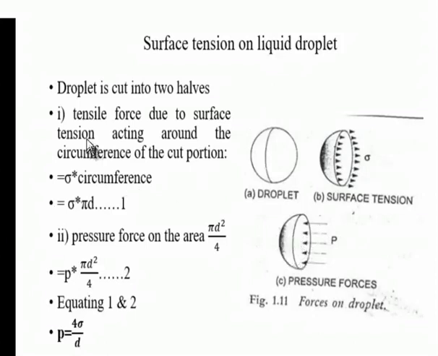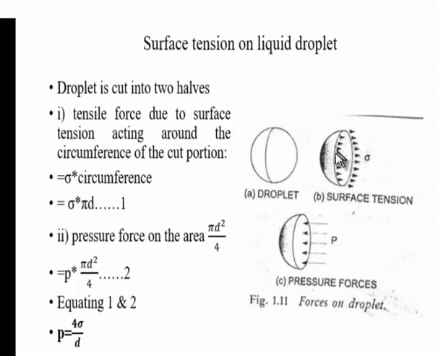First, it is subjected to two forces: one is the tensile force, the other is the pressure force. The first one is the surface tension, the tensile force due to surface tension acting around the circumference of the cut portion.